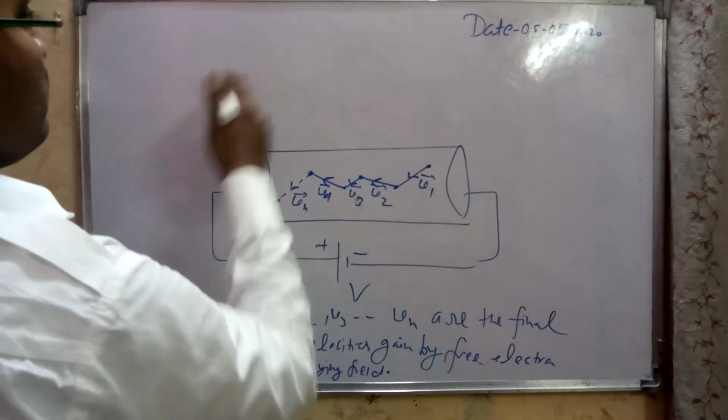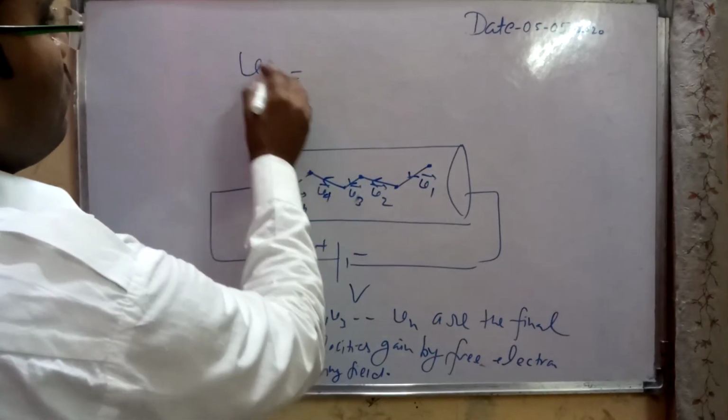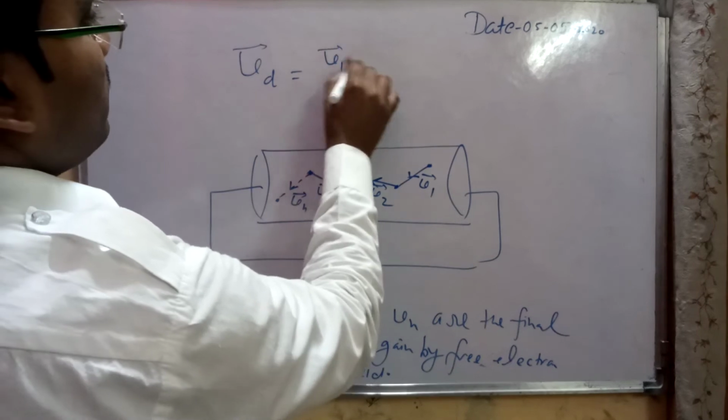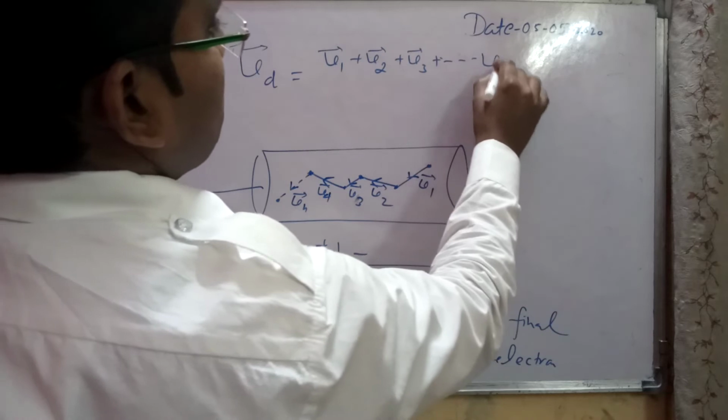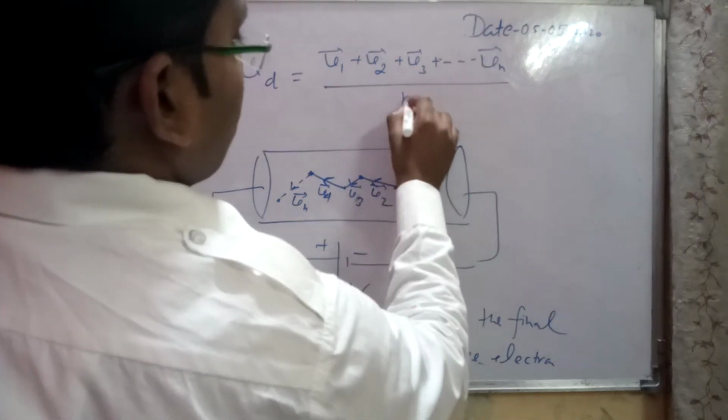So drift velocity Vd is equal to v1 plus v2 plus v3 plus up to vn, divided by n.